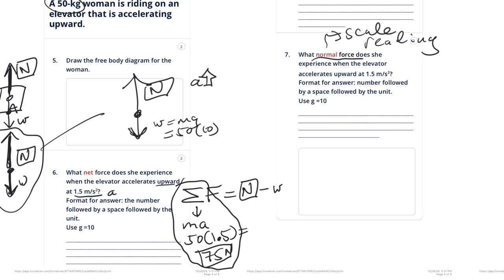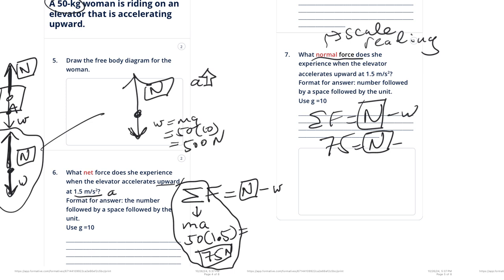Okay, so I'm going to just use net force equals N minus W. We already explained that. Net force is 75. Normal force, I don't know. Solving for it. Her weight is 500 newtons.